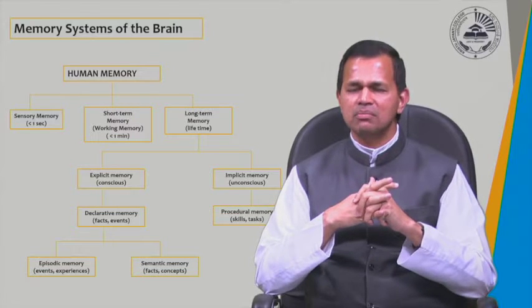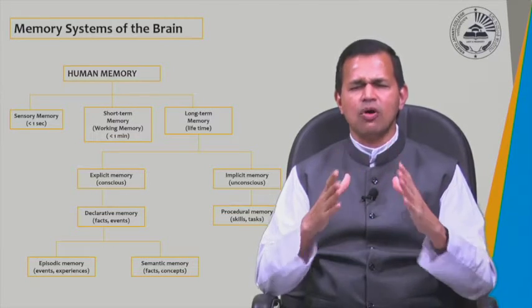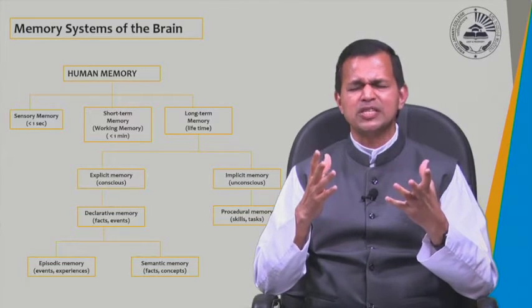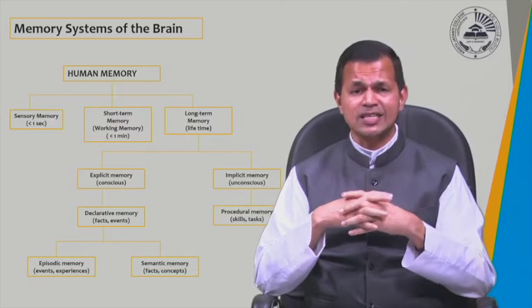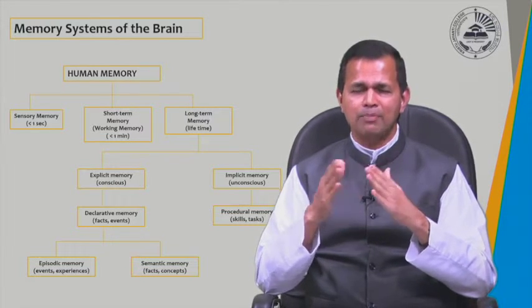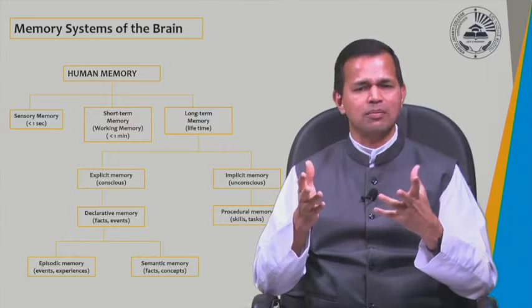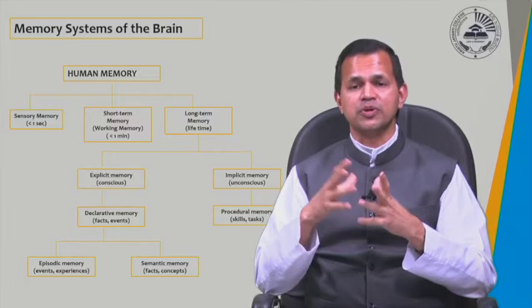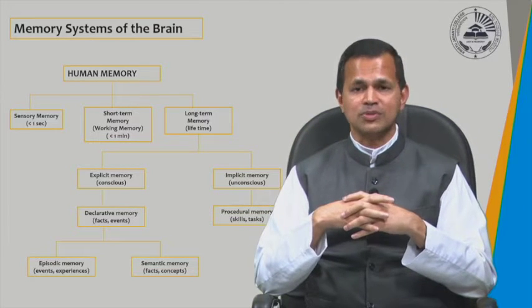Sensory memory is a very, very short period of gathering information, many times much less than a second. Short-term memory is probably up to 15 to 20 seconds, but definitely less than a minute. And long-term memory is something which is stored in our systems for a really long time.